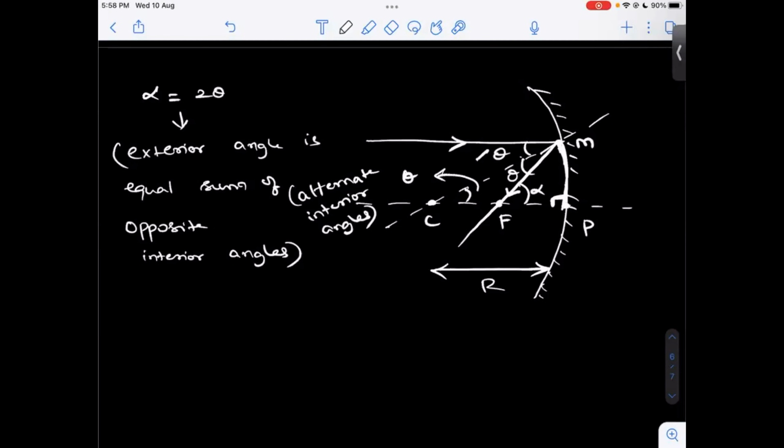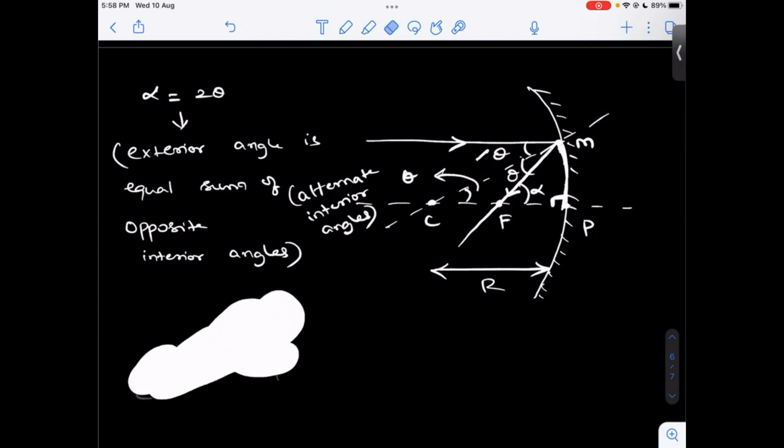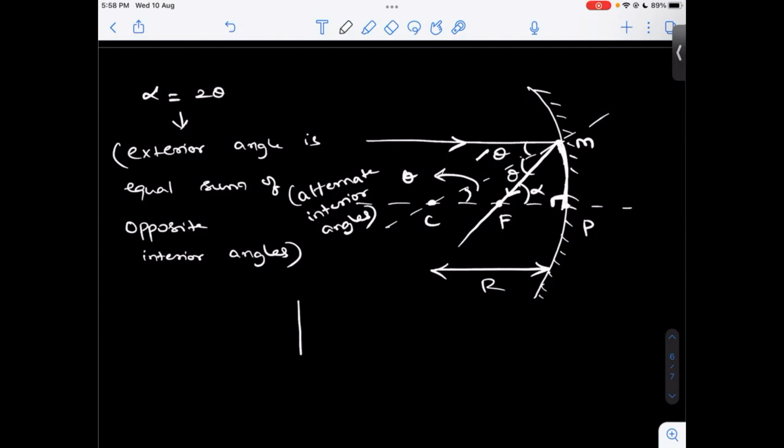So from this, I'll be able to consider two right angle triangles. MPC, where this angle will be theta: when you join C to M, it makes an angle theta.